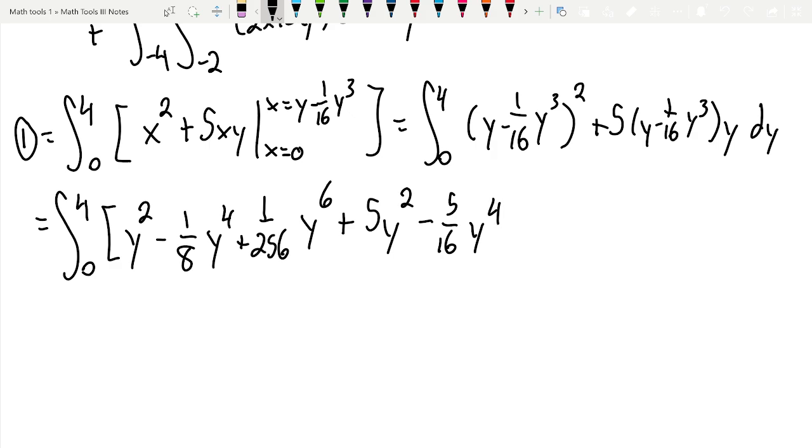Okay. So then you just grind this one out, dy now. So I'll just write what the answer is for this one, which it looks like is 1664 over 35. Okay. And I wouldn't give you one that's this tedious on a quiz or a test.